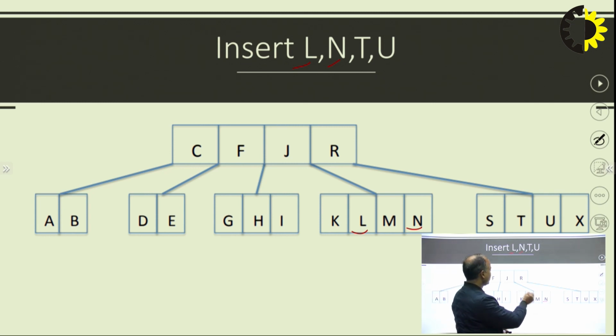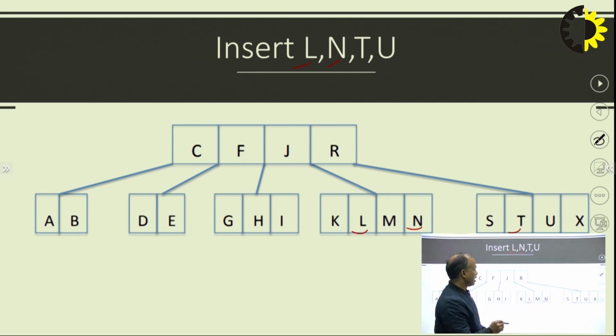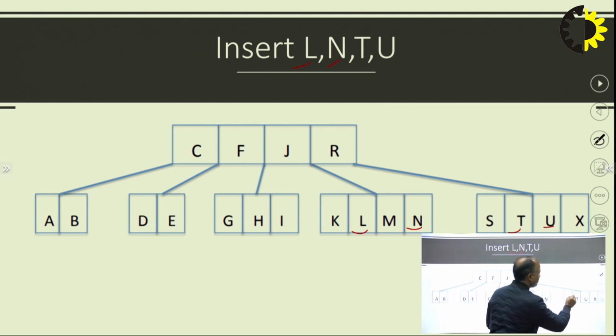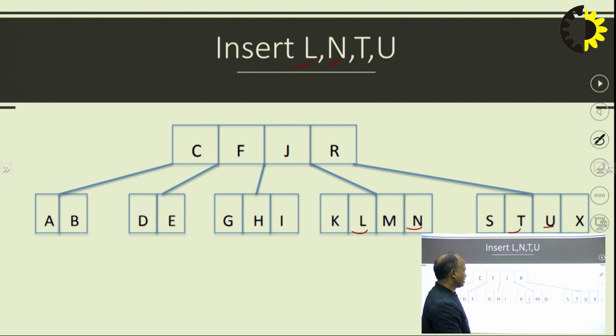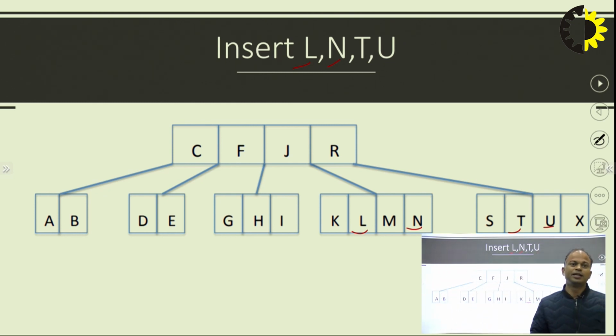Now T is greater than R, placed here. Now U is greater than R, placed here. So if we observe here, this particular case is satisfying all the properties of the B tree. So this is further a B tree, so there is no harm in it.